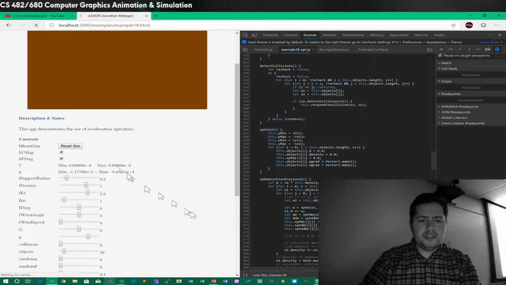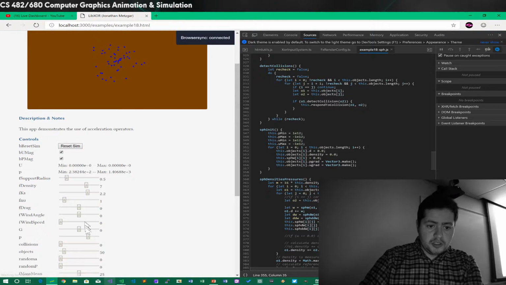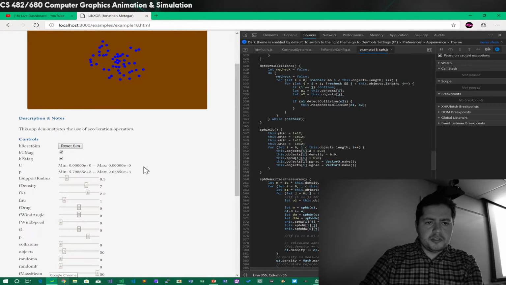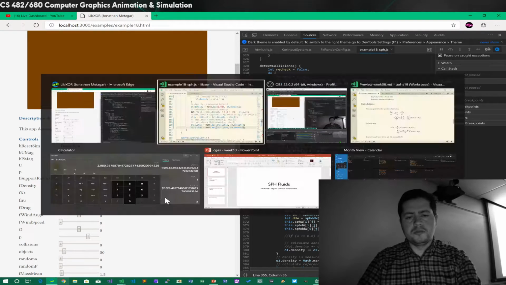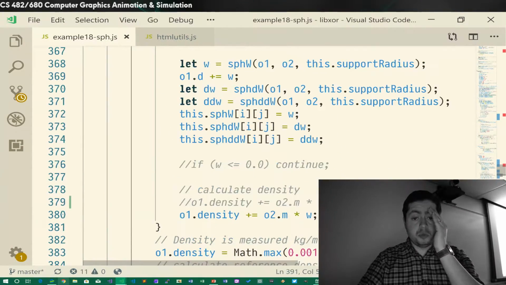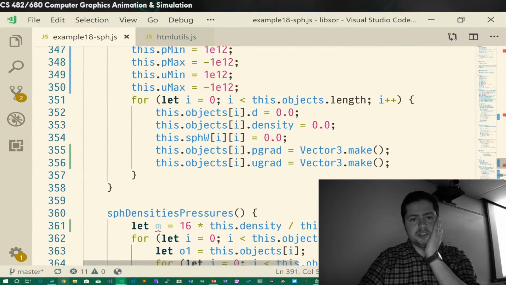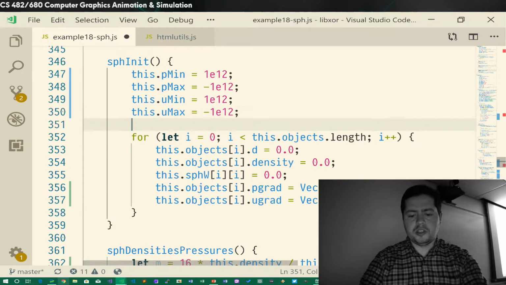Let's check the density. If we go really low, okay, if we go really high, then that has a decent amount of swing to it. Maybe what I need to do for density is calculate the total density for the particles that we have. Let's try that.